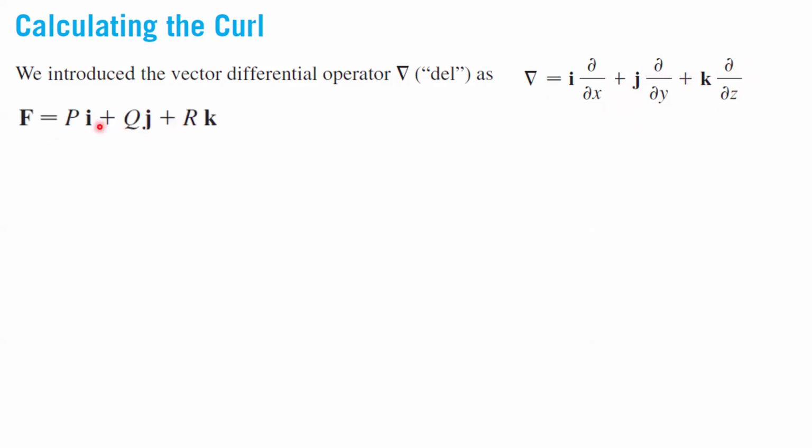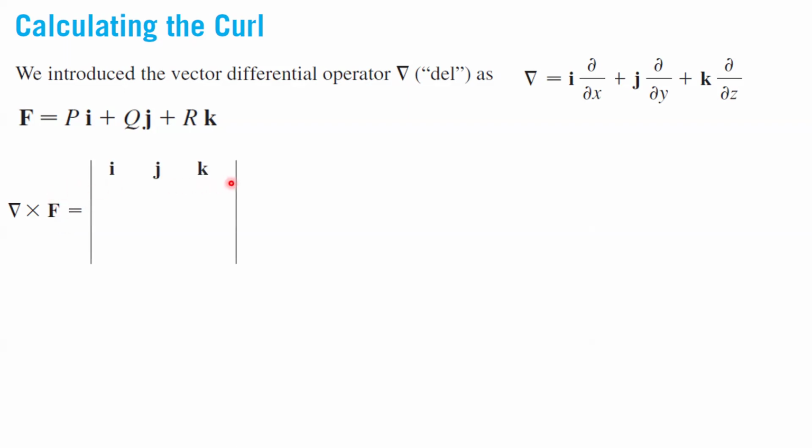And if you have a vector field like f with scalar functions p, q, and r, then the cross product between the nabla and the vector field f, as you remember from elementary calculus talking about cross product between two vectors, is the determinant.